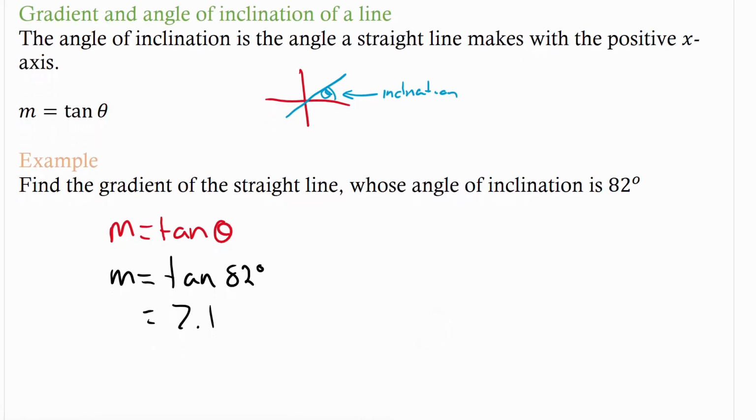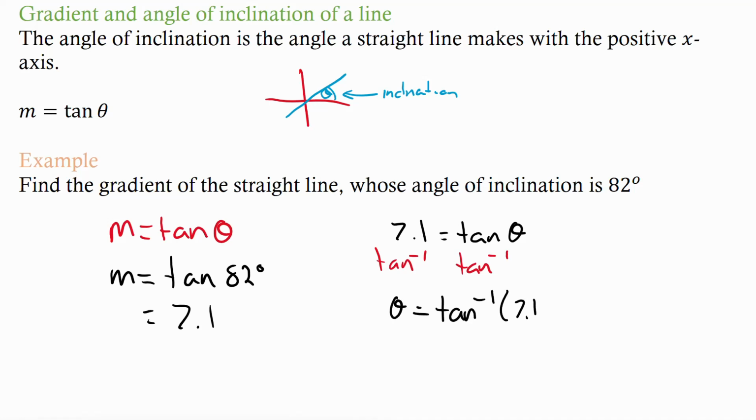Now if you were given m first, you would need to find inverse tan. So if we were given, let's say, 7.1 equals tan theta, we would go tan^-1. So theta would equal inverse tan 7.1, and that'll get us approximately 82 degrees.